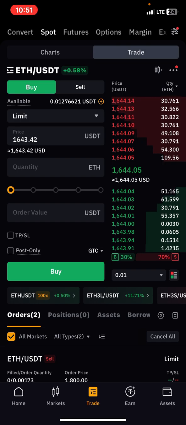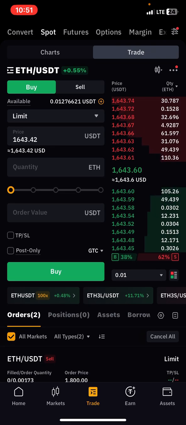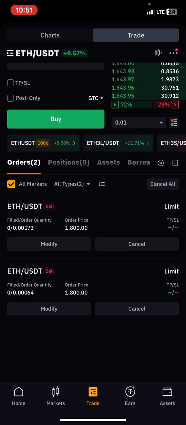And so, how many people can afford $500? That's not easy. What we are targeting on this spot market is to make at least 10 to 20% of your capital every month.